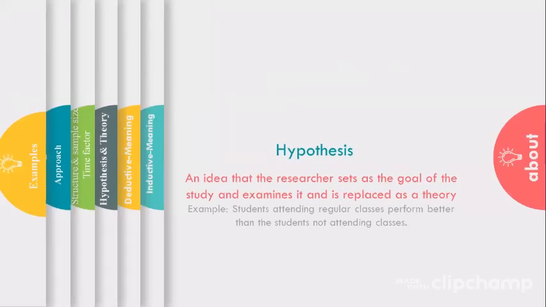This is not a theory. Hypothesis is not a theory. It is just an idea, and this idea the researcher sets as the main aim of the study. And the researcher, the person who is going to research, will examine this idea, this aim of the study, and while examining it, he will either find that this idea is right or this idea is wrong according to his research.